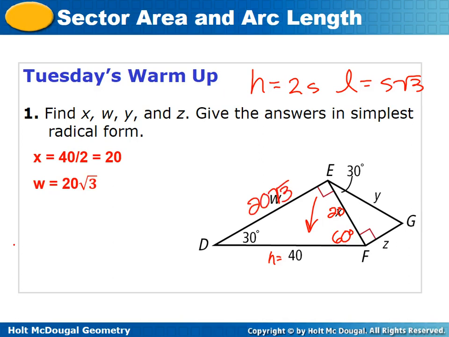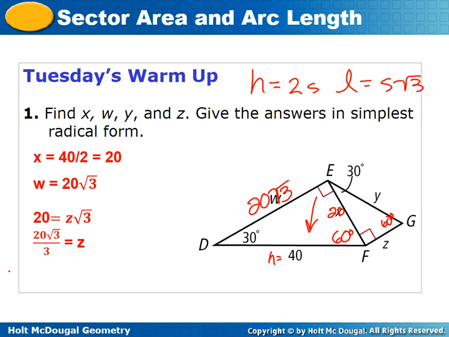Now we have another 30, 60, 90 triangle over here, because again we know this has to be 60 degrees. So we now have the long leg. We're going to plug the long leg, which is 20, into the formula. When we do that, we're going to end up dividing both sides by the square root of 3, then we'll multiply by the square root of 3 over 3.